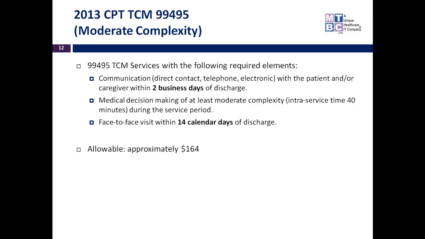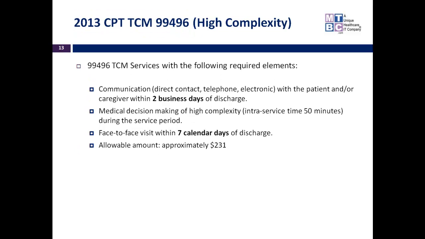So as you can see, this is a lot higher reimbursement than some of the new G codes, but it's unlikely that you're going to be able to bill this as much. And we have the high complexity of 99496. Again, communication, direct contact, telephone, electronic, with the patient and/or caregiver within 2 days of discharge.